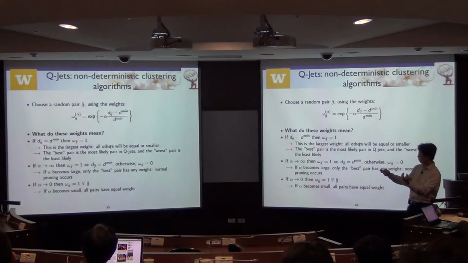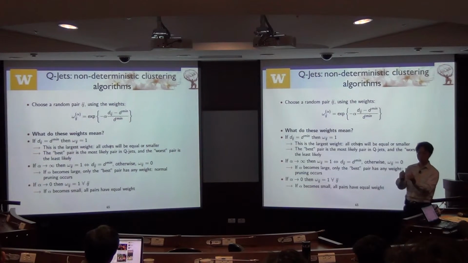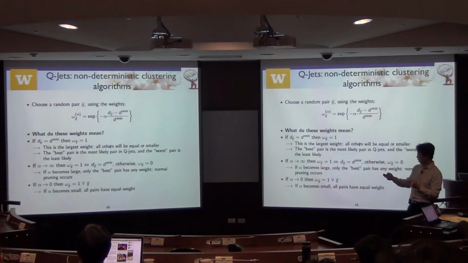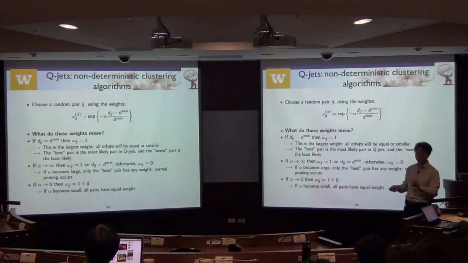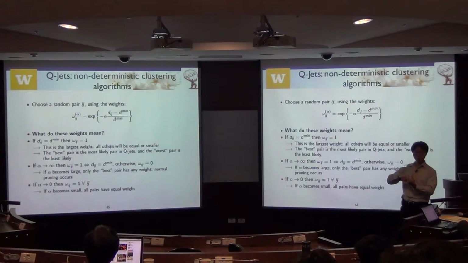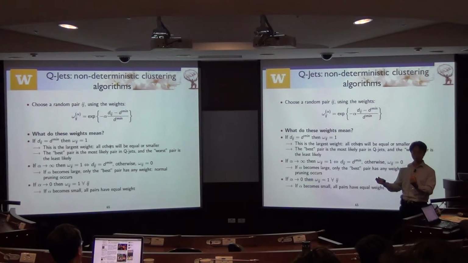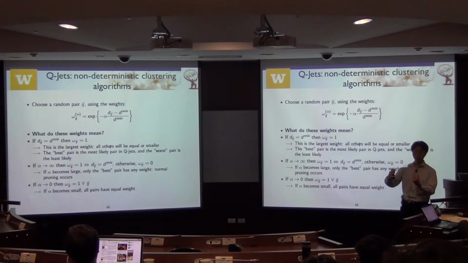This weight has a free parameter alpha, which we call the rigidity. And d here is just the distance of the two objects, defined in the eta phi angle. So I have this weighting function. I throw a random number to get the weight and to accept or reject this pair for clustering.